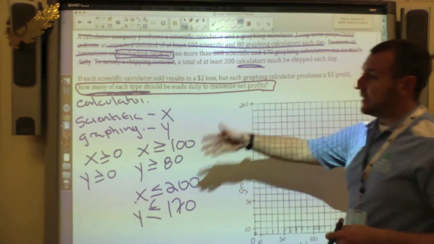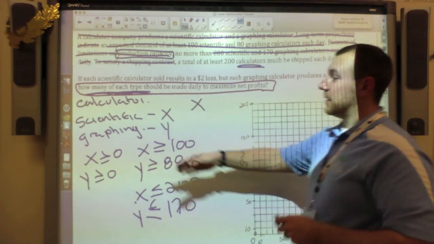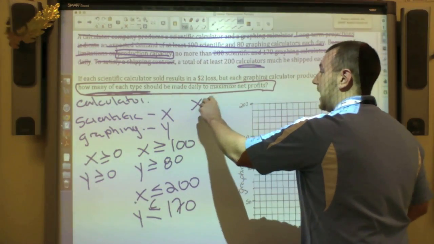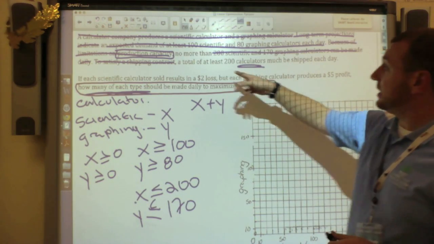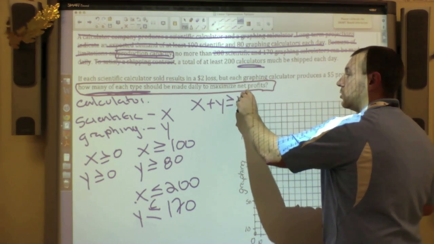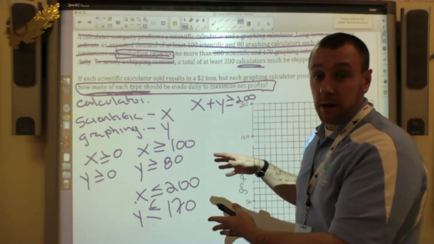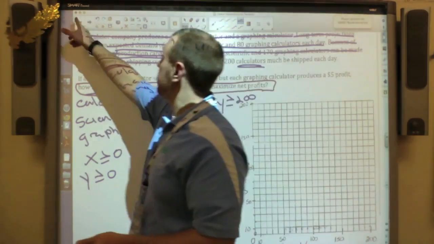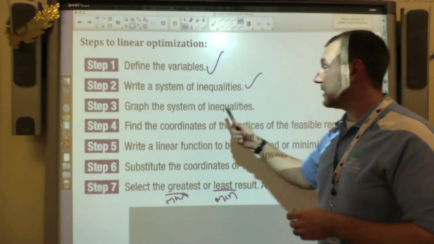So I'm going to take my scientific, my X, and my graphing, Y, and add them together, and I have to get at least 200. So X plus Y has to be greater than or equal to 200. I've got awesome inequalities now. Boom. I'm going to graph the system of inequalities.